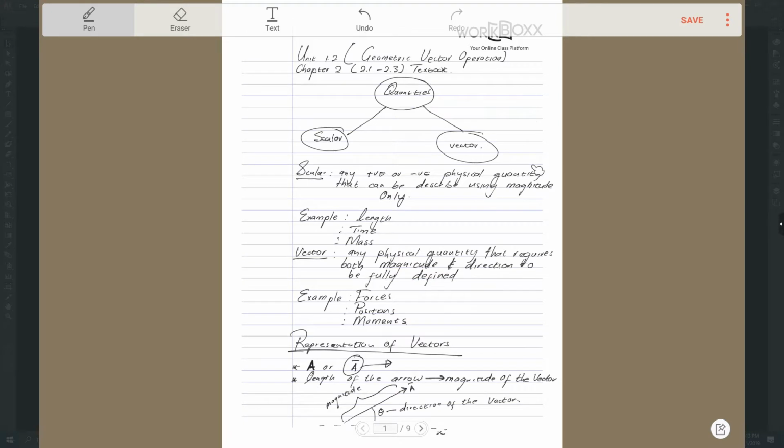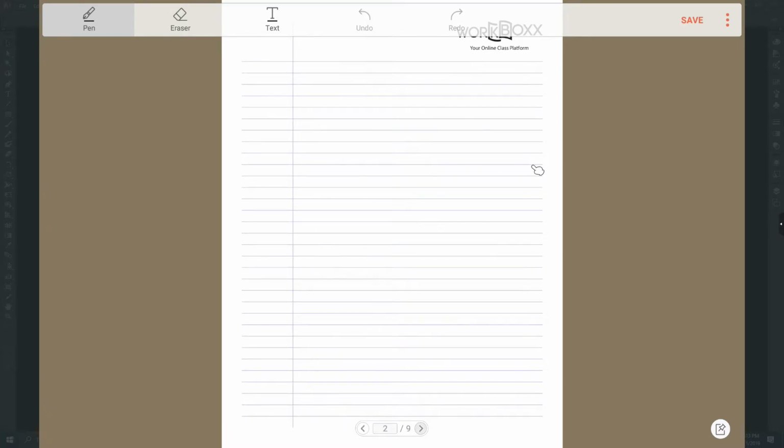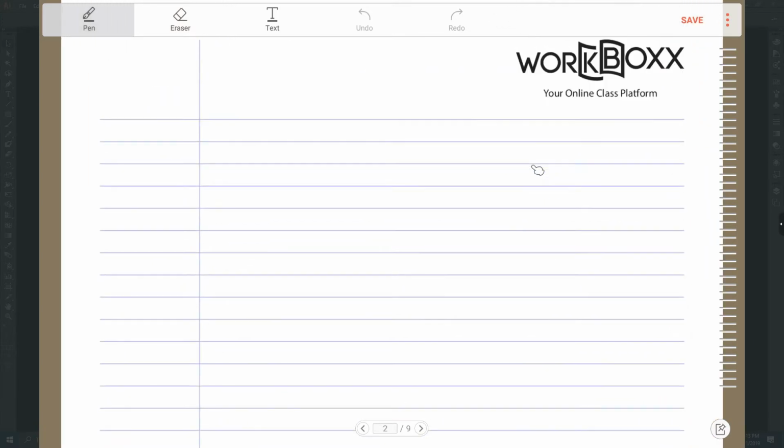So let's move on to what we call vector operations. Vector operations can be divided into 4 sections.